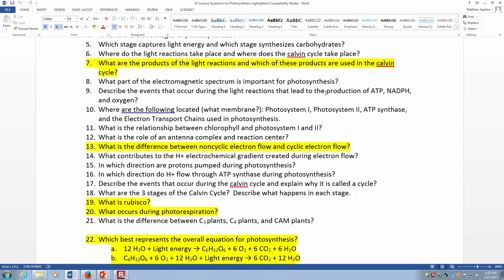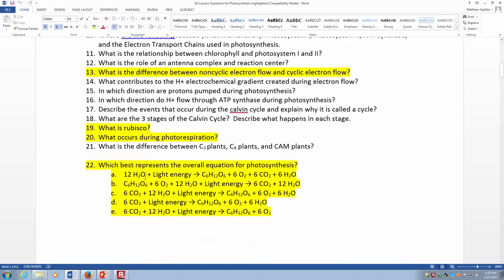In contrast to that, what occurs during photorespiration? Right, so the first step of photorespiration is rubisco taking oxygen and attaching it to ribulose bisphosphate instead of carbon dioxide.